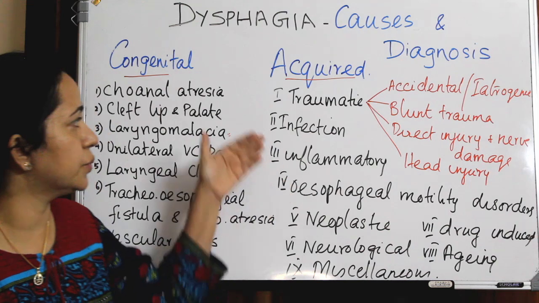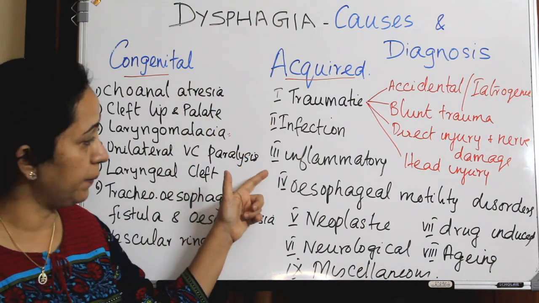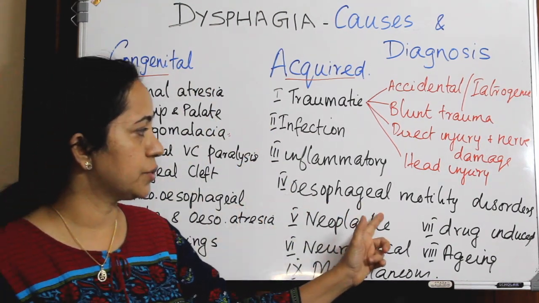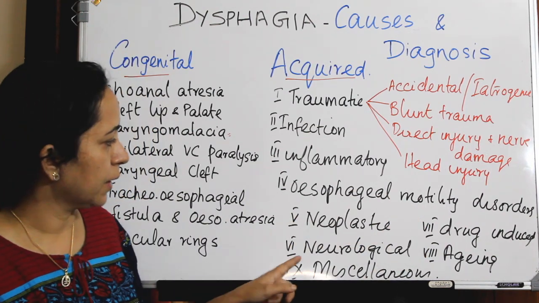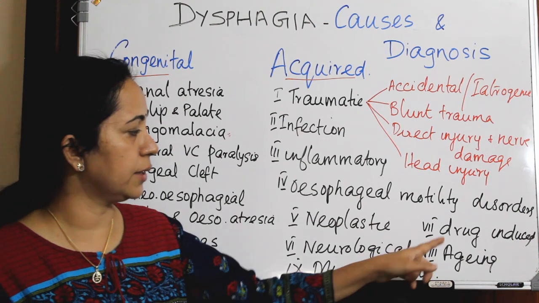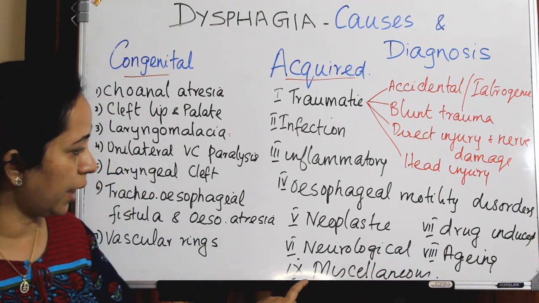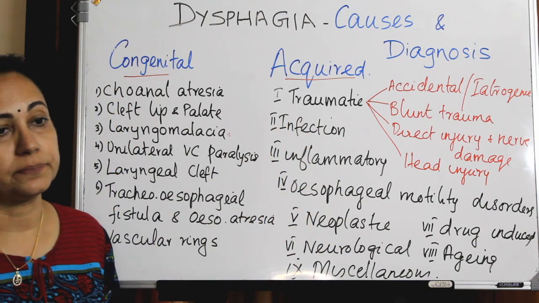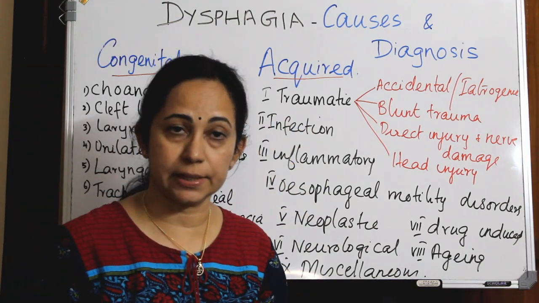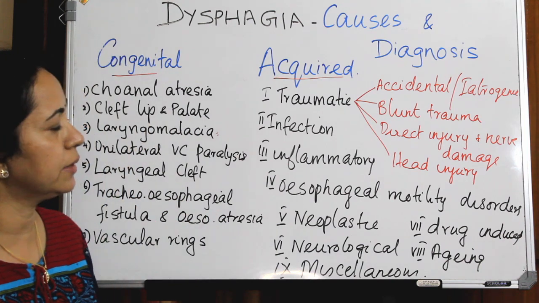can again divide into traumatic, infective, inflammatory, associated with esophageal motility disorders, due to neoplasms, then neurological causes, drug induced, because of aging, and miscellaneous. And in the traumatic causes, trauma to the head, neck, chest and cervical spine can present as dysphagia.